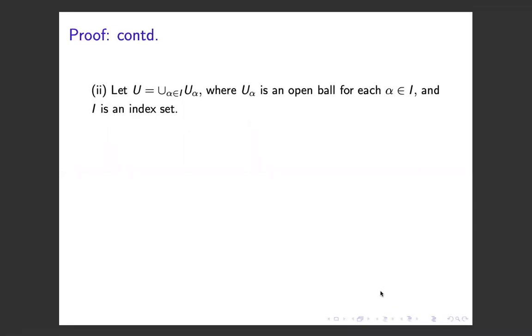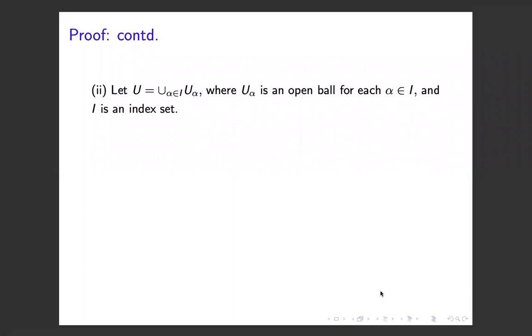Suppose the set U in the metric space is the union of an arbitrary collection of open balls. That is, it is of this form: U is equal to the union over U alpha with alpha varying over an index set I. What happens if I happens to be empty? Then that will be the union of an empty collection, and that kind of union is generally taken as the empty set.